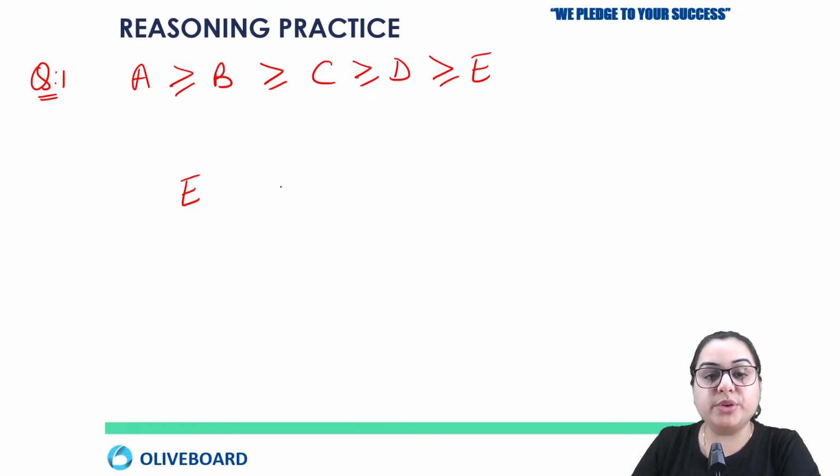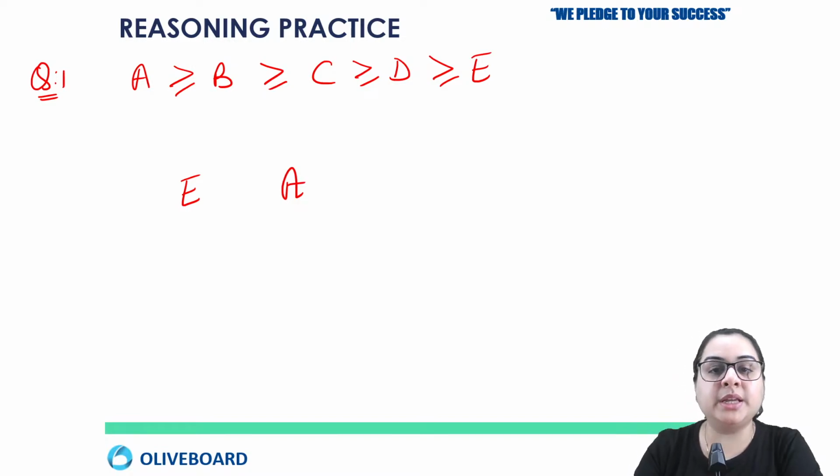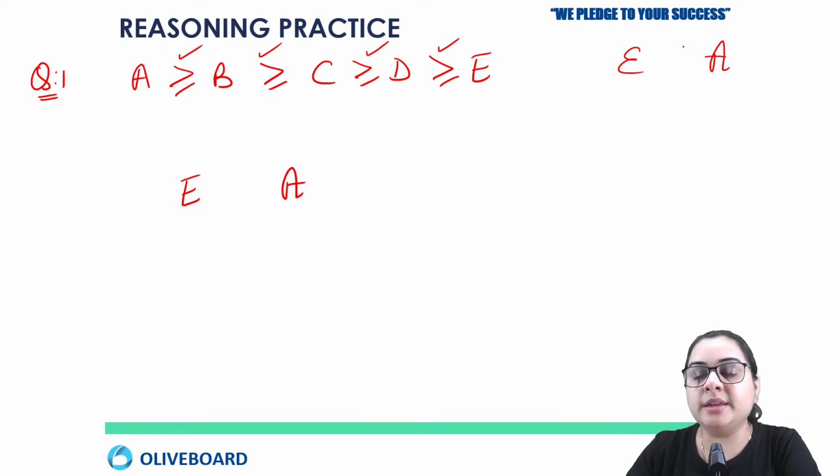So just tell me what will be your answer between E and A. Here what we find is that between A and E, all the symbols are the same and they are pointing greater towards A. So between E and A, what we conclude is that A is greater equal to E. So this will be your answer here.